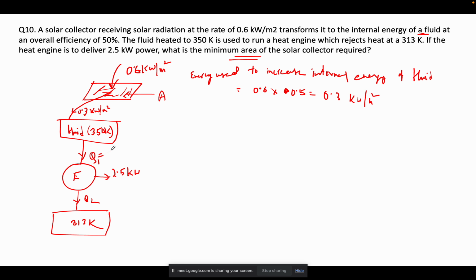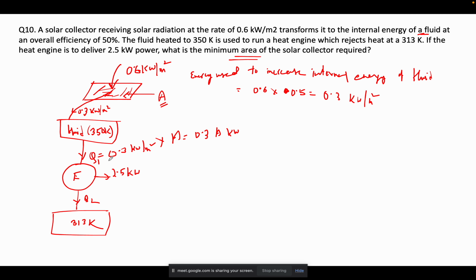So this is also your 0.3 kilowatt per meter square. If you assume the area to be A, and multiply this with A, you will get 0.3 into A kilowatt. So this much amount of heat is the Q1.